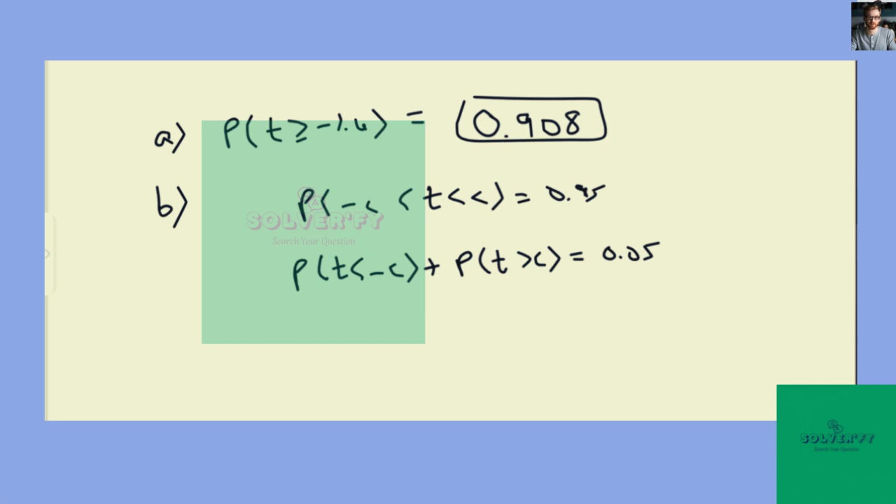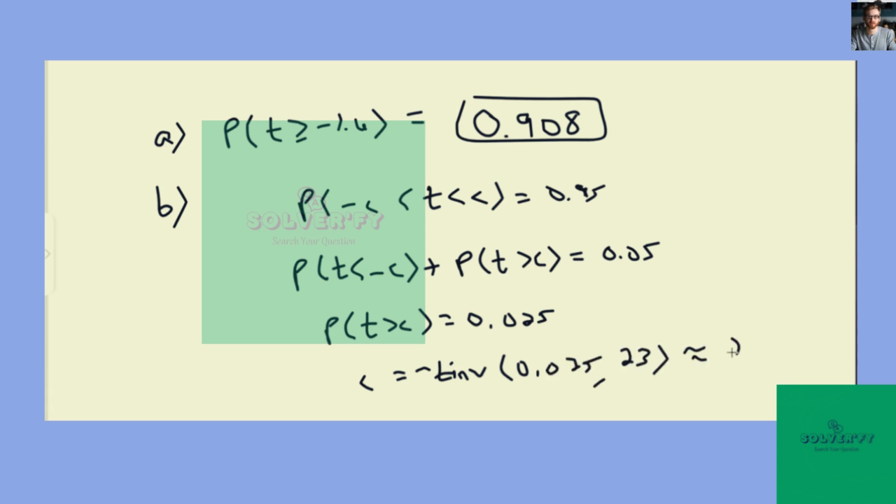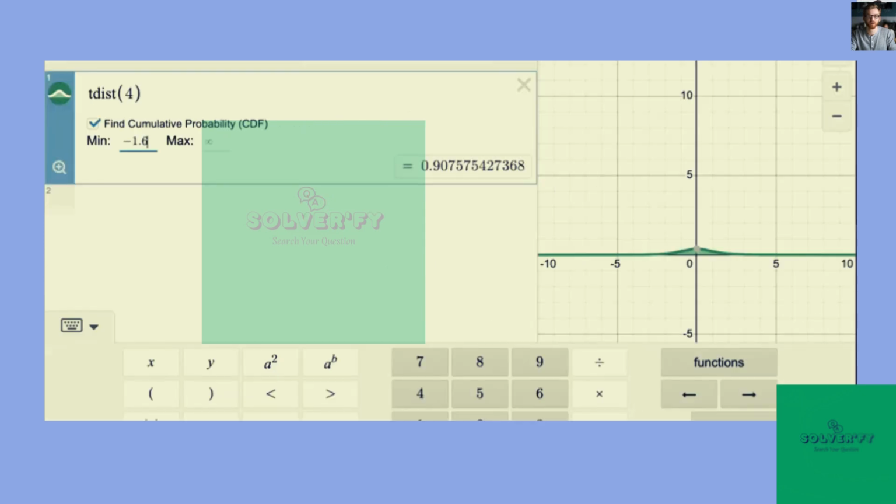And since we know that the probability that t is greater than c is 0.025, we can do an inverse and get 2.069. We can confirm this back on Desmos.